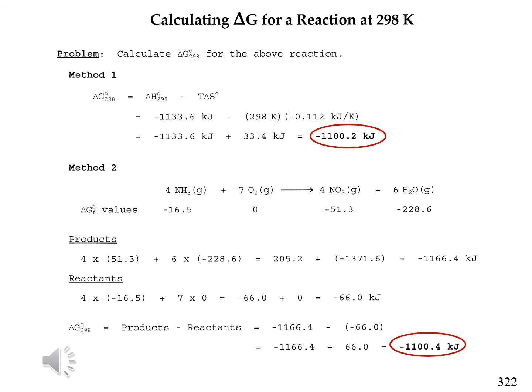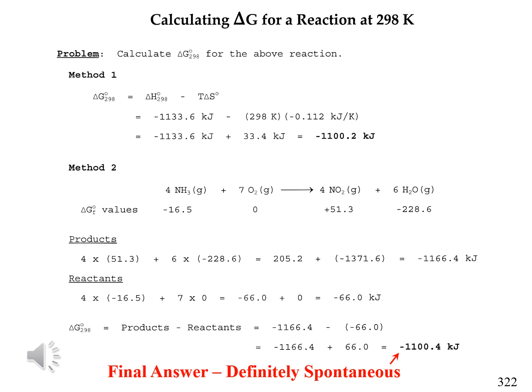And the thing is, you can do the 298 problem both ways, and it serves as a check to make sure that you didn't make a mistake. Since the delta G is negative and it's the final answer, we now know that the reaction is definitely spontaneous.